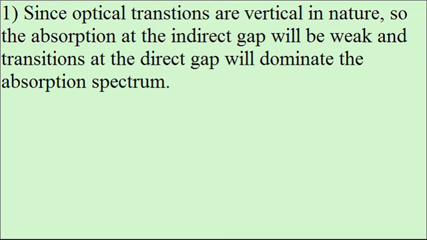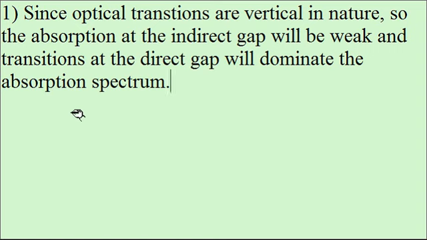So what this point is saying is that since optical transitions are normally vertical, the absorption at the indirect gap will be weak, and transitions at the direct gap will of course dominate the absorption spectrum.